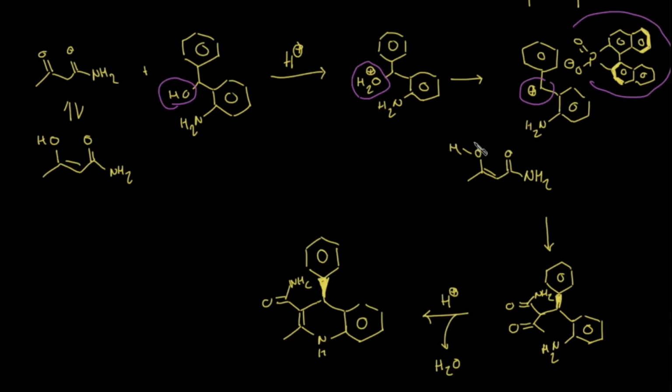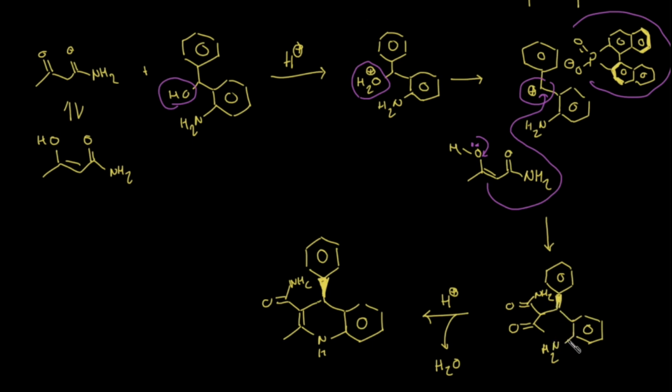And that is exactly what we see, because when this reacts as a nucleophile, there's going to be a certain prevalence of either attacking from the front side or the back side of this intermediate, depending on how this phosphoric acid catalyst prefers to coordinate to this cationic intermediate. And that's exactly what we see. We see the formation of a new stereocenter.